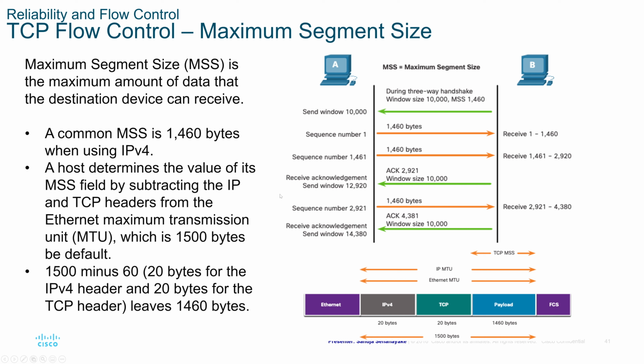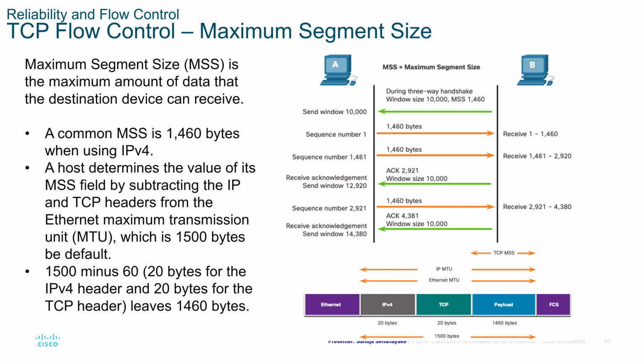So the maximum segment size, or MSS, is the maximum amount of data that the destination device can receive. A common MSS is 1460 bytes when using IPv4. A host determines the value of its MSS field by subtracting the IP and TCP headers from the Ethernet maximum transmission unit, or MTU, which is 1500 bytes by default.